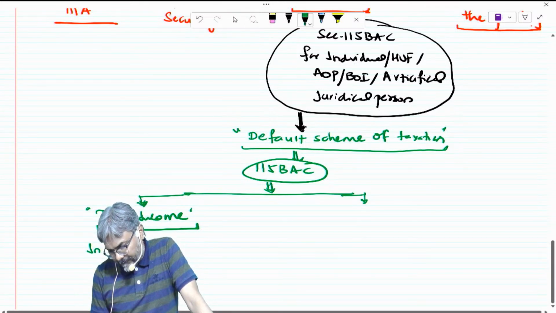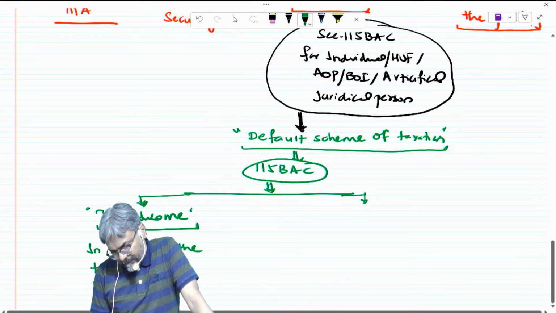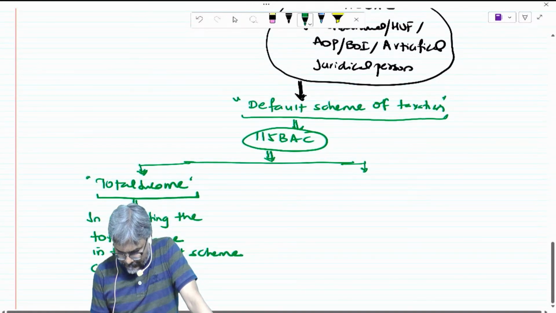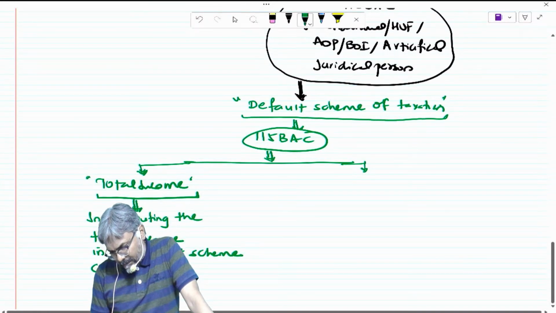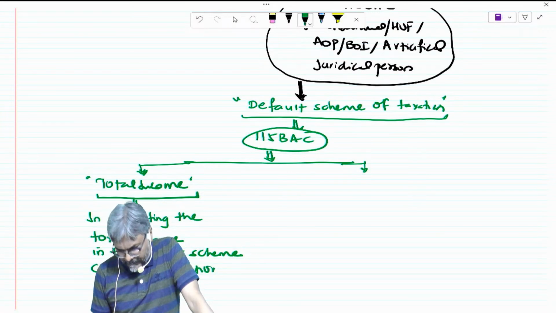In computing the total income in the default scheme, certain deductions.